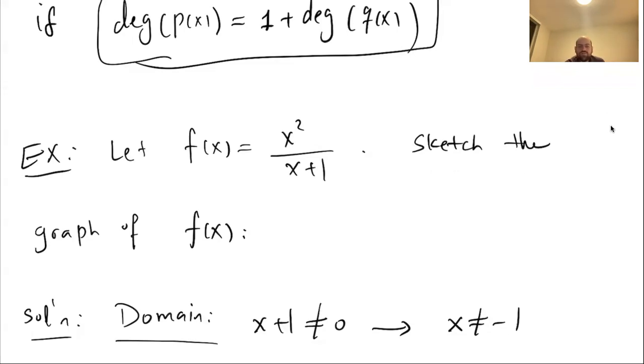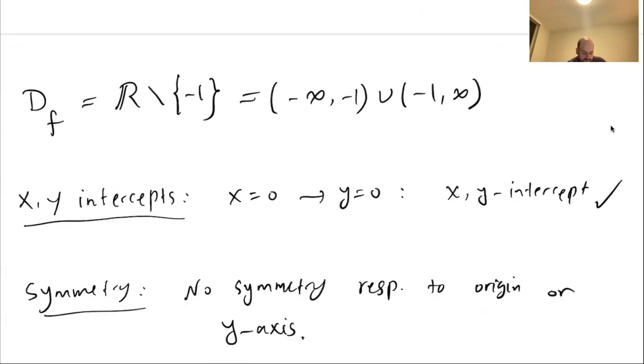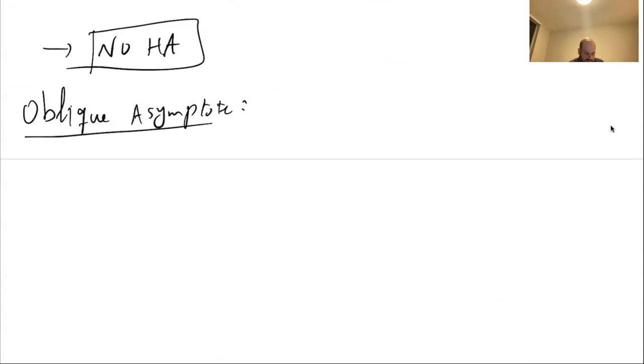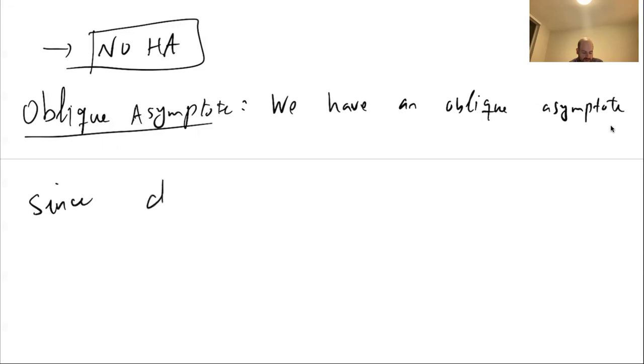And what is the oblique asymptote here? So first I can mention here that we have an oblique asymptote, since the degree of x squared is 1 plus the degree of x plus 1.